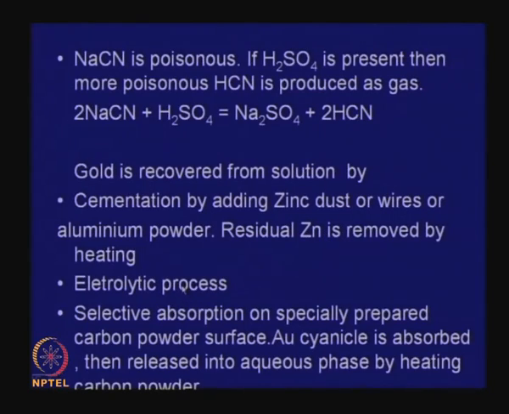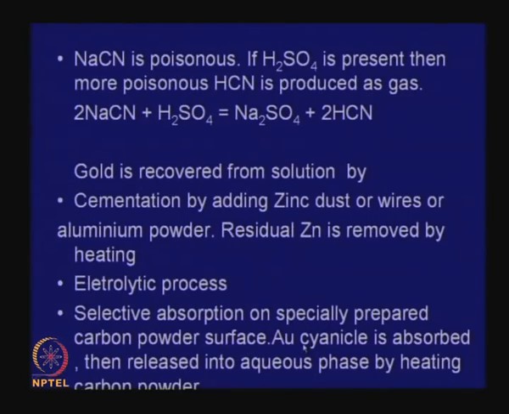The other way of getting gold out of the cyanide solution will be the electrolytic process. We can electrolyze. Another very attractive process is selective absorption on a specially prepared carbon powder surface.